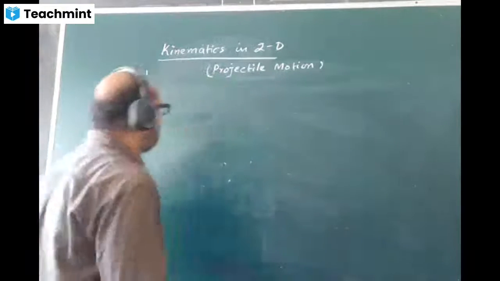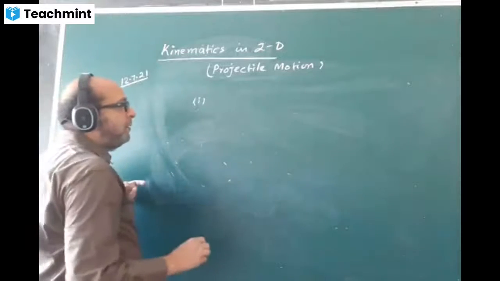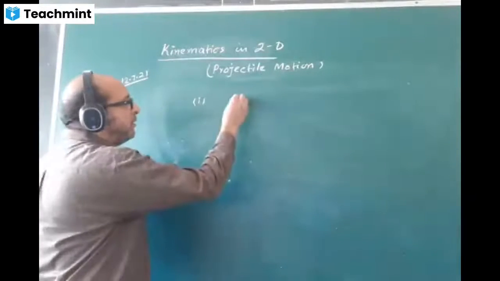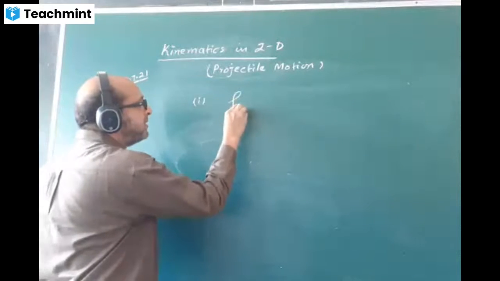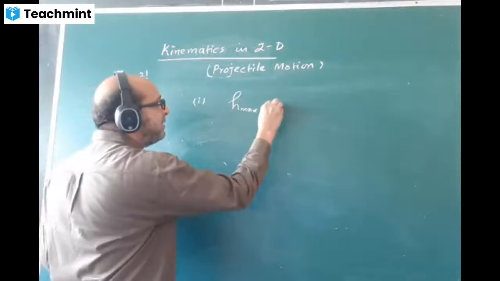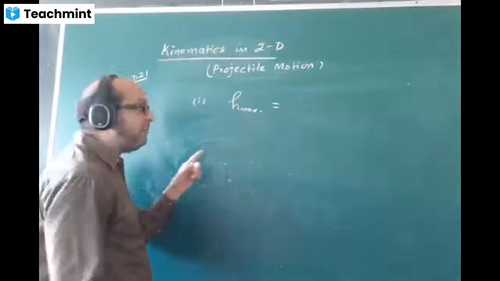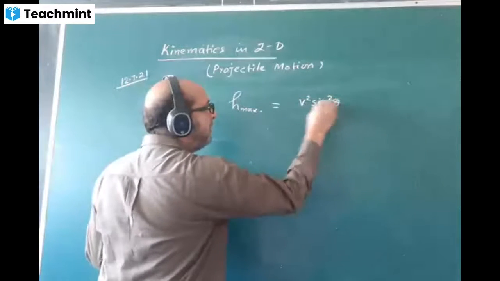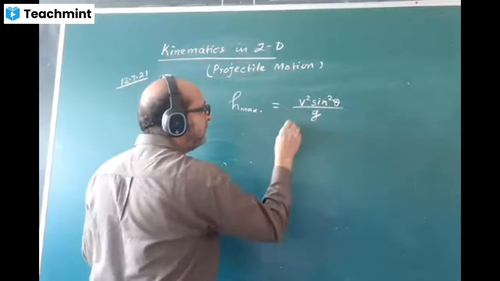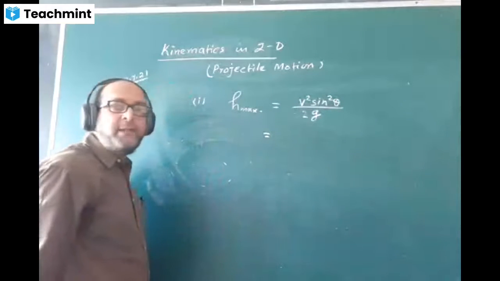Okay, now this is a simple question. We'll do it one by one. First part, you have to find h max. The actual formula is u square by 2g, but u is the same as v sin theta here, so it is v square sin square theta by 2g.